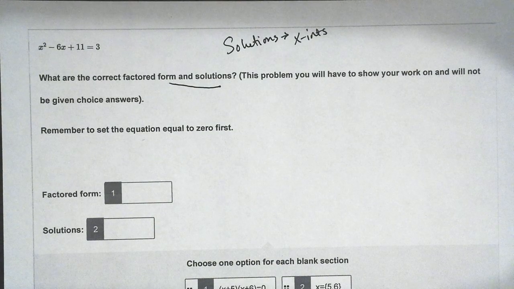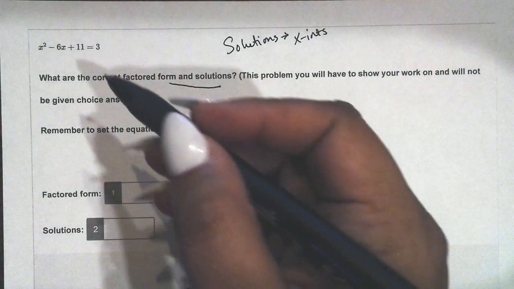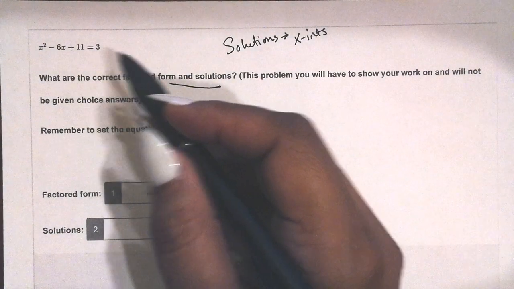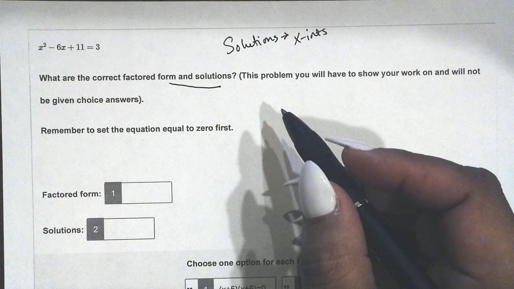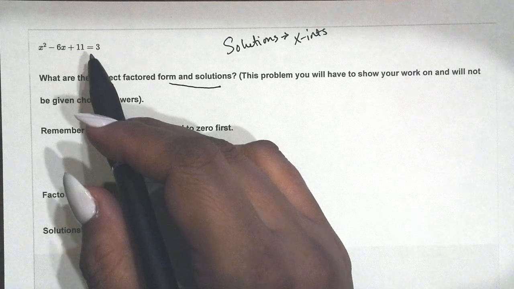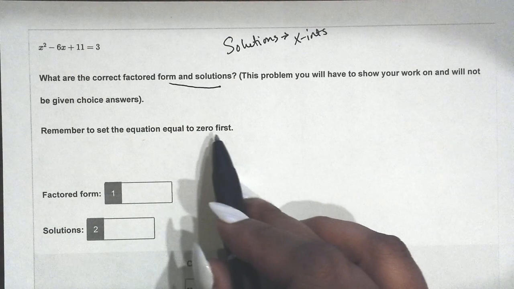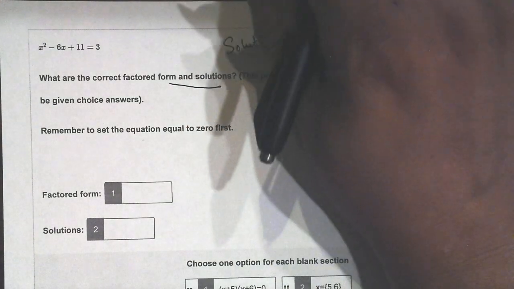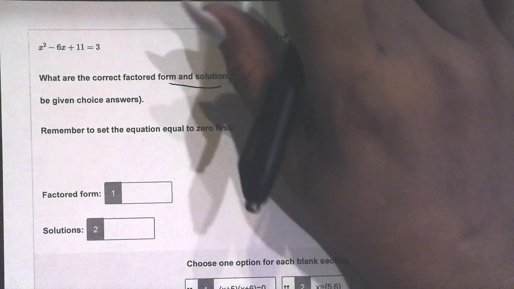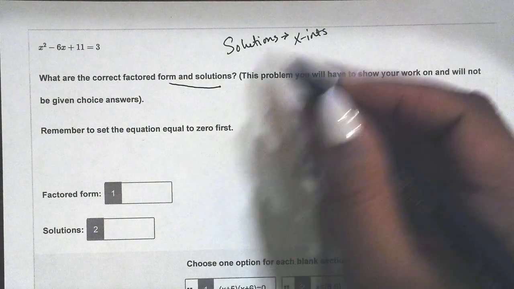Now, the first thing you have to do before you graph or before you start solving this by factoring is make sure that your equation is set equal to 0. Remember to set your equation equal to 0. I will have that on your test, but they will not have that on the STAAR, so you have to memorize that.